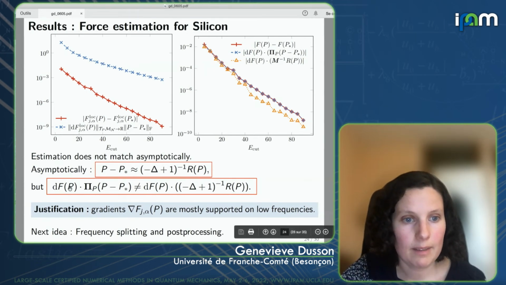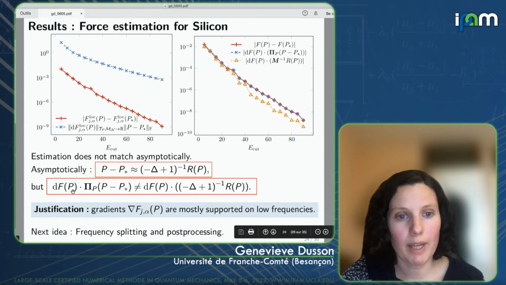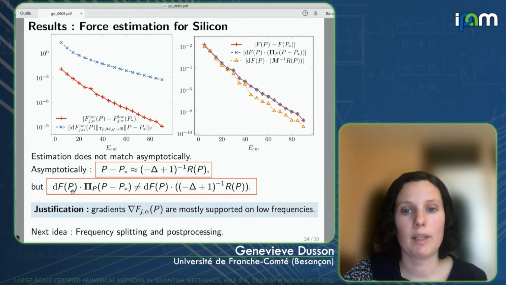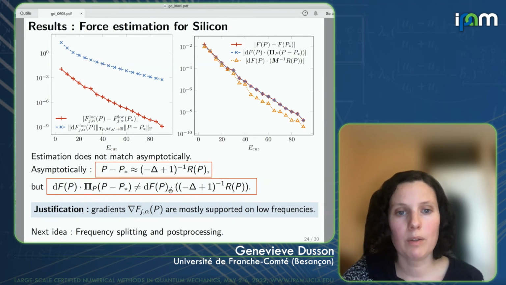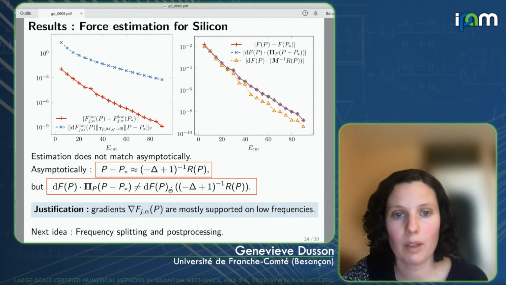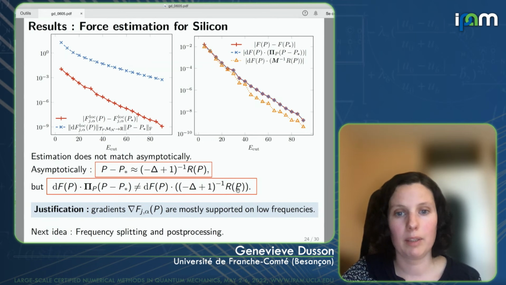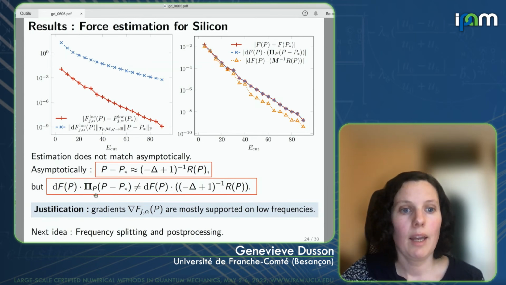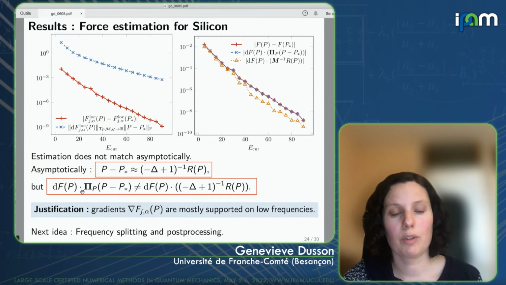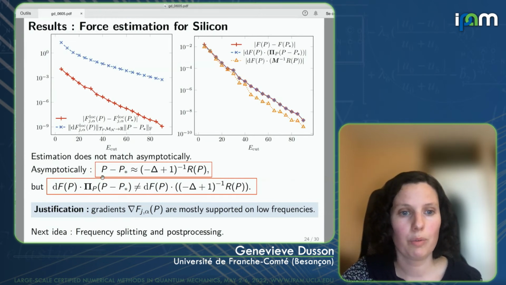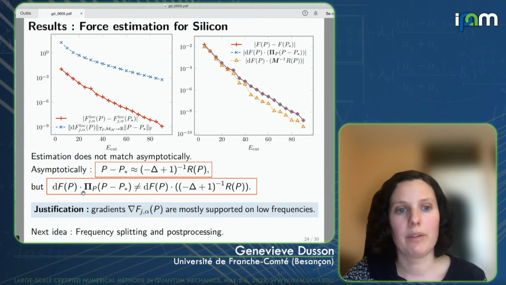But the problem is that this part, the gradient of the forces, is mostly supported on low frequencies. So here on the right, we don't see the low frequencies at all because they are completely dropped by the residual. Whereas here we have some contribution on the low frequencies that actually matter in the end.